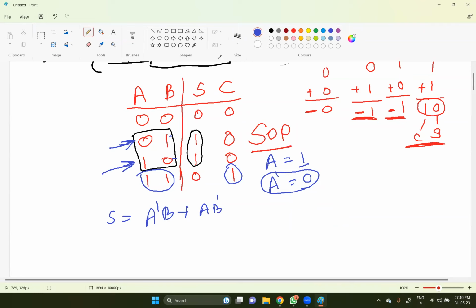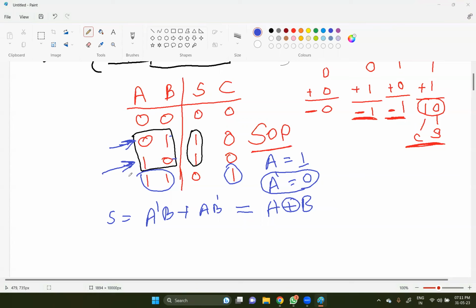And this expression is always A exclusive OR of B. If you take A exclusive OR of B, it provides the sum of the two different inputs provided to the half adder here.